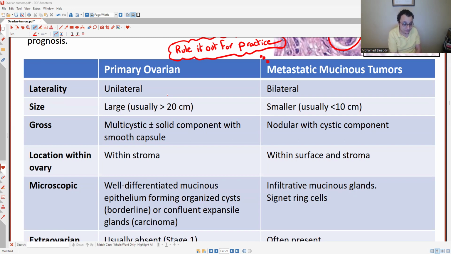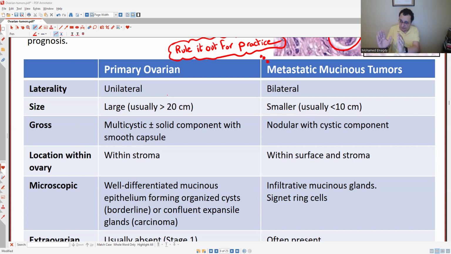Let's say first on gross examination. On gross examination, which one will be bilateral and multiple? Yeah, usually, as you show in the table, metastasis. So if I see bilateral ovarian involvement with multiple sites or multiple foci, it's highly likely to be metastatic, coming from the stomach, the colon, or wherever.